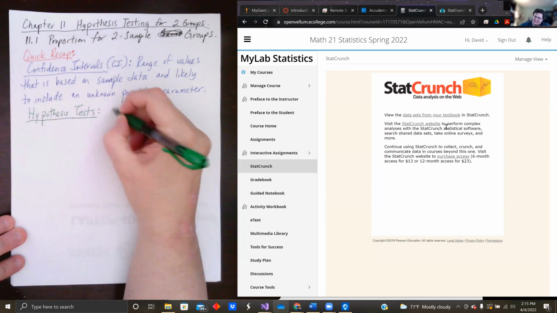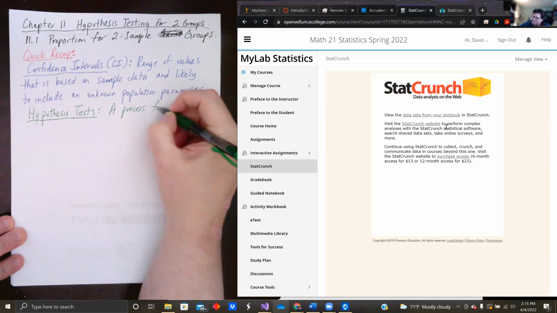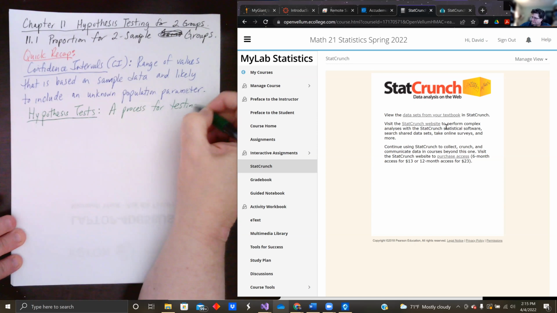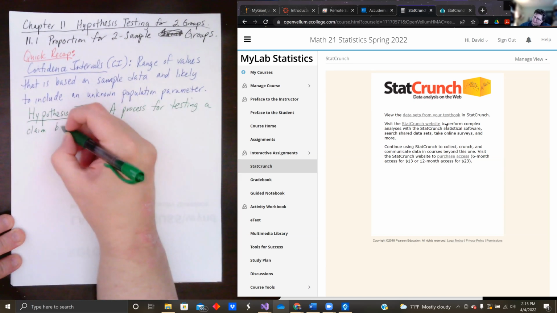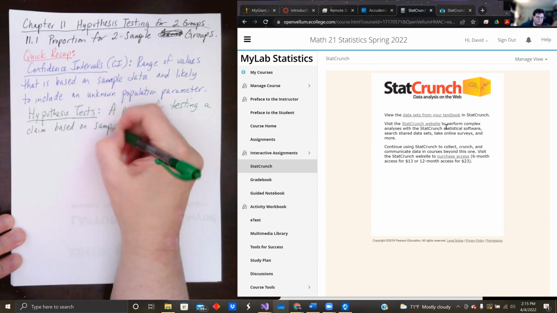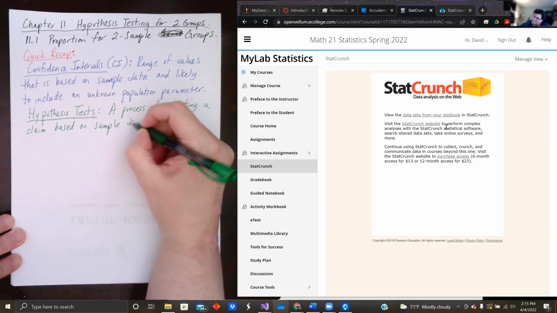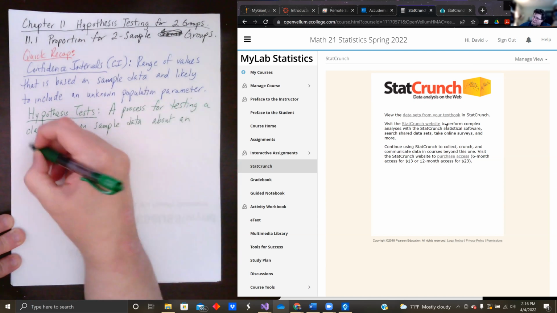A hypothesis test is the process for testing a claim based on sample data about an unknown population parameter.